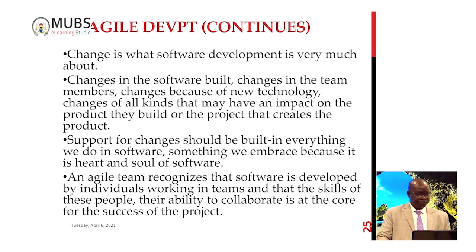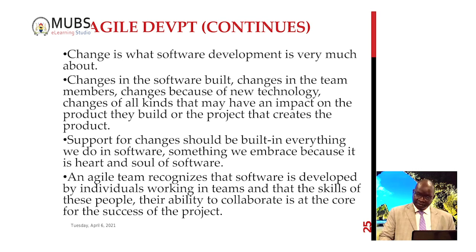An agile team recognizes that software is developed by individuals working in teams, and that the skills of these people, the ability to collaborate, is at the core for the success of the project.